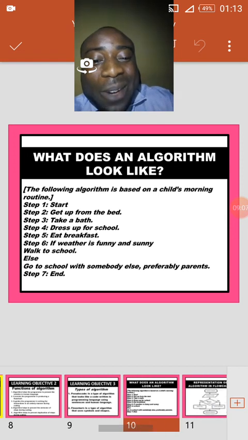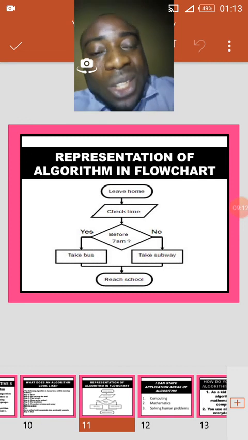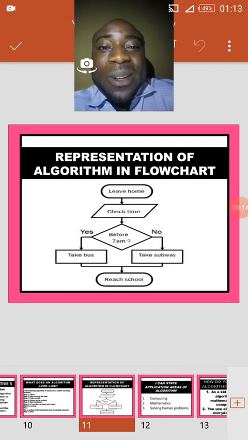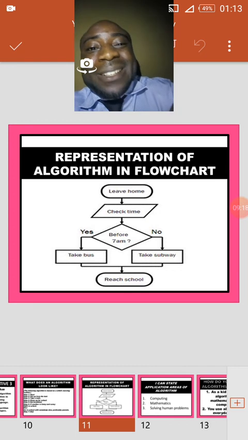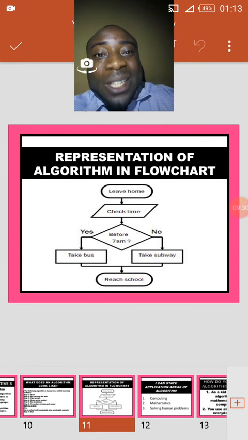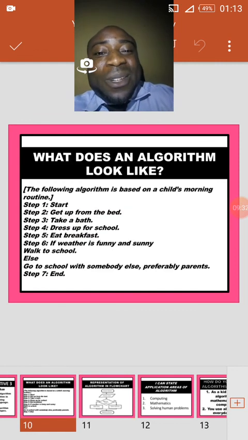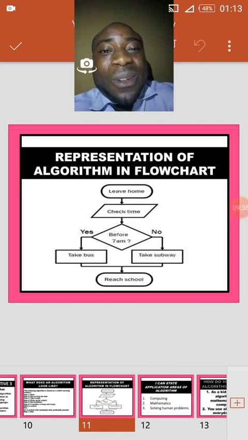Now there is another way to represent algorithm, which is flowchart. Remember, we have two types of algorithm: the pseudocode and the flowchart. So look at the board. This is a flowchart. We represent this algorithm in flowchart using the first one, the pseudocode, because for you to prepare a flowchart, you need to prepare a pseudocode first.